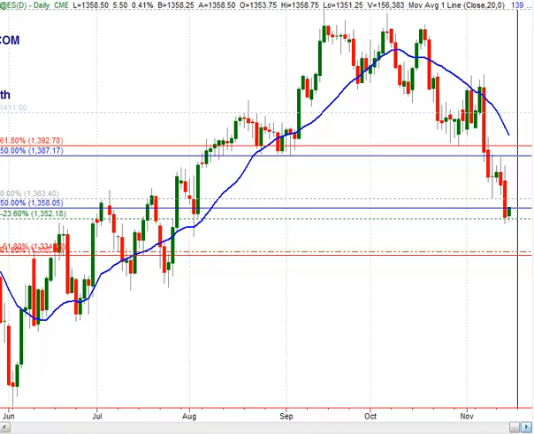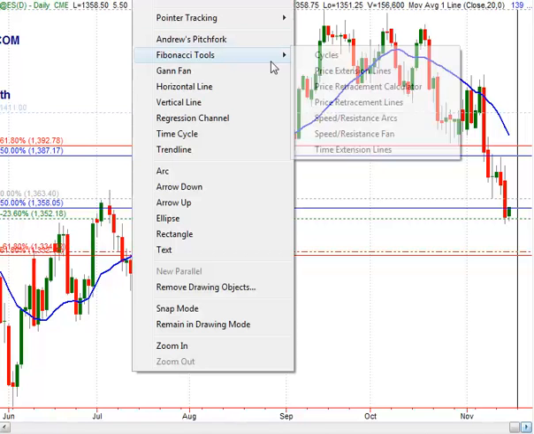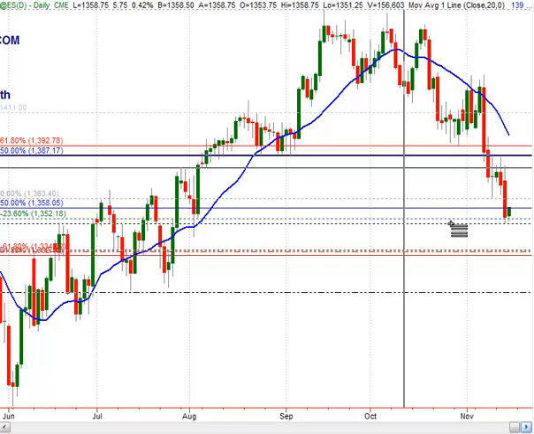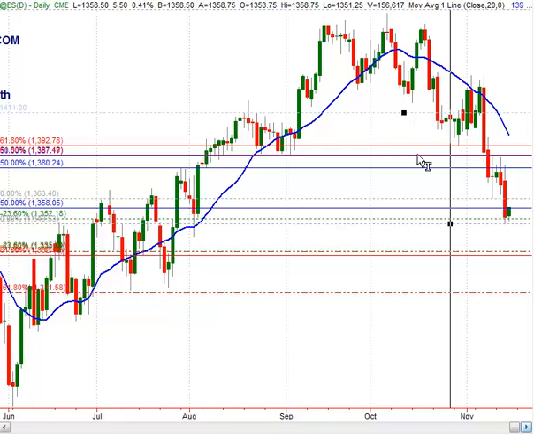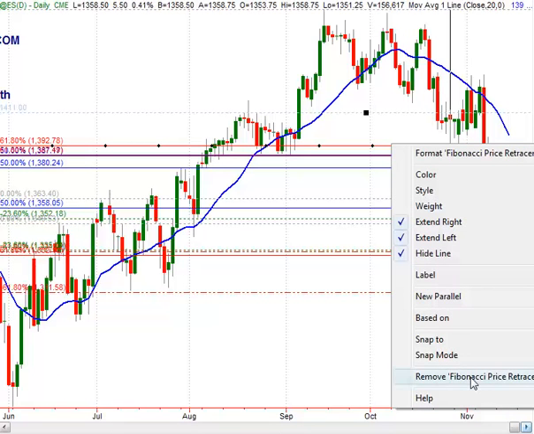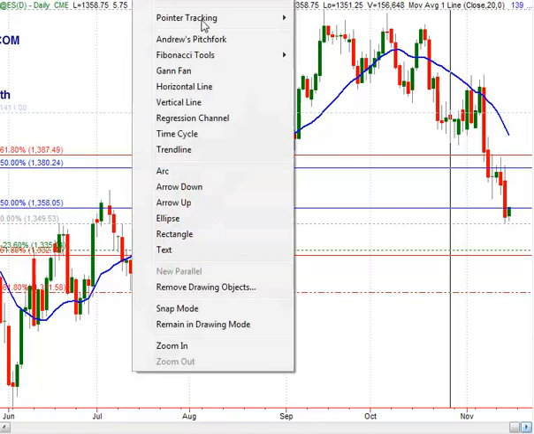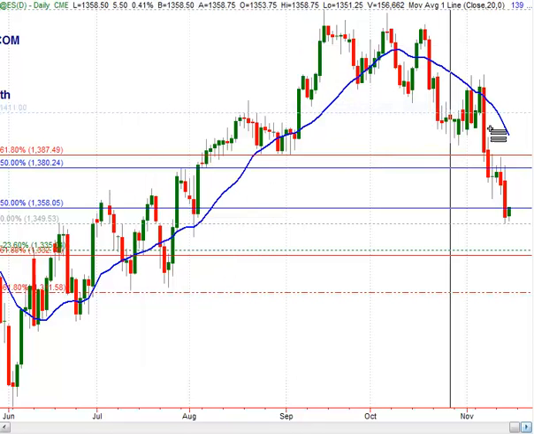So if we use the same anchor with the new low, we can get the next resistance level. We could see the SP500 price rally all the way up into the 1380.